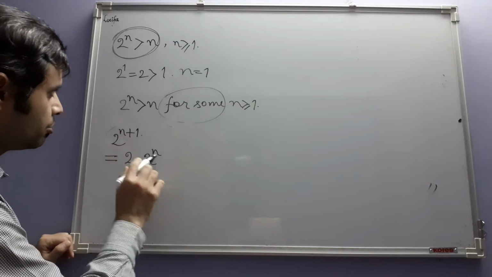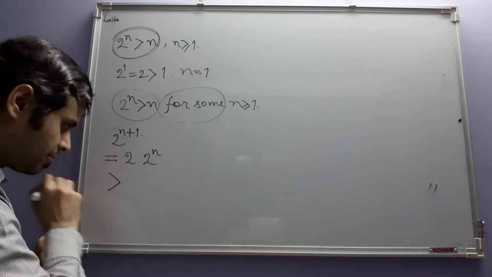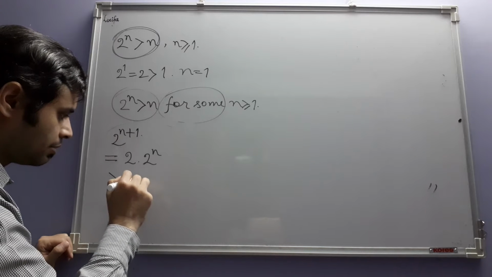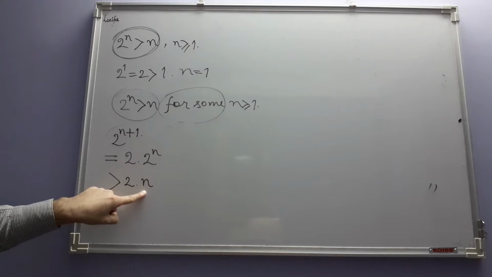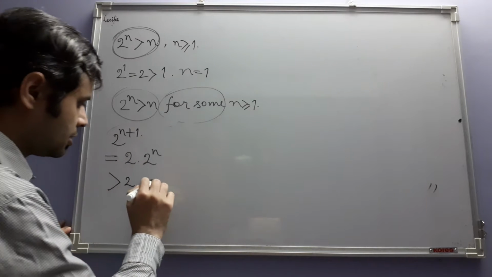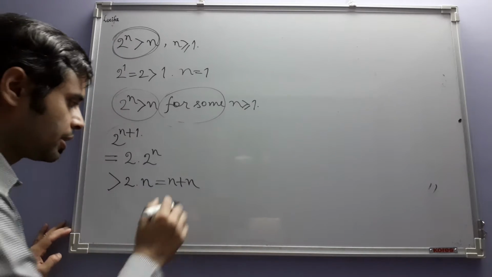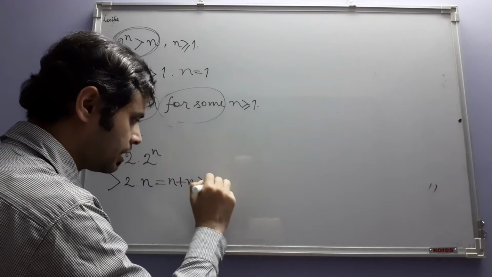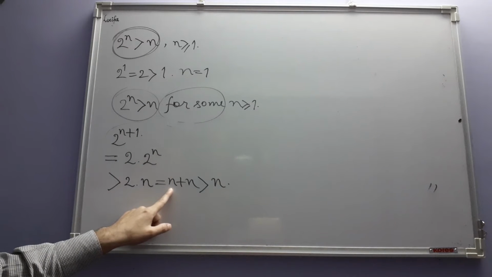But 2 to the power n is already greater than n. So 2 times 2 to the power n will be greater than 2 times n. Okay, we have used the inequality here to conclude this, which is equal to n plus n. And we know that n plus n is greater than n. Why? Because n is greater than 0.